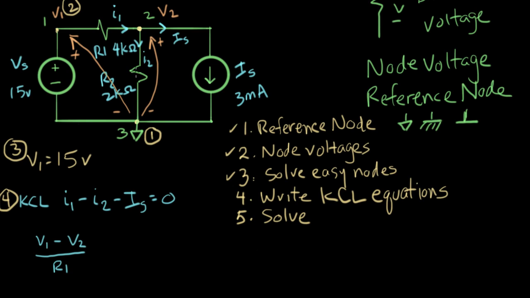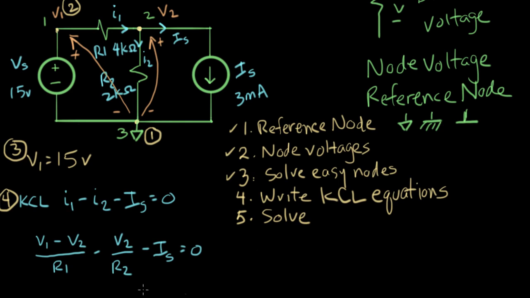The current flowing down through I2, now we have to subtract I2, so we just apply Ohm's law directly, which means that the current in I2 is equal to V2 divided by R2. And the last current is IS, minus IS. We'll write that in terms of IS like that, and that equals 0.